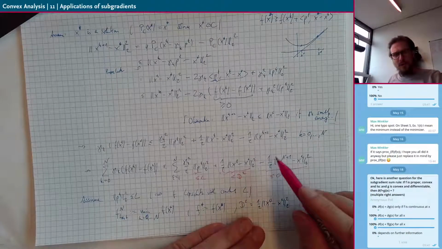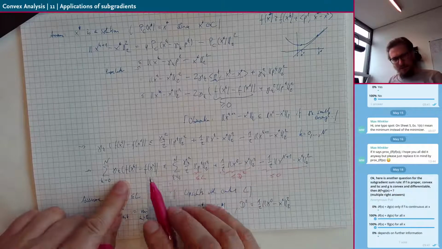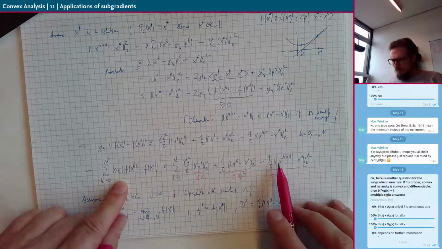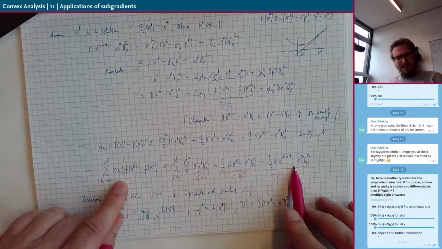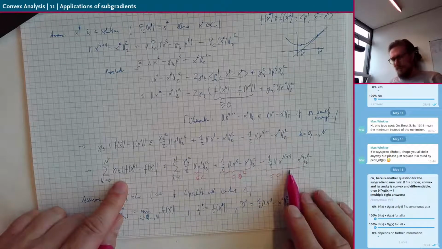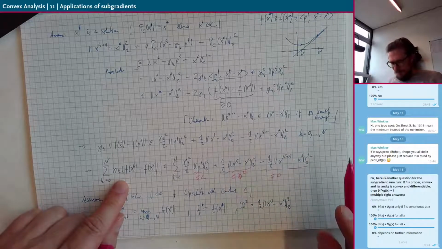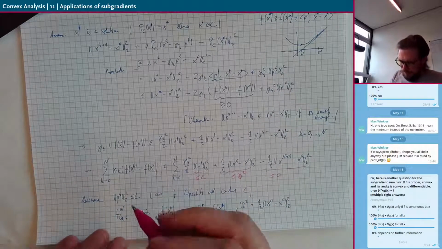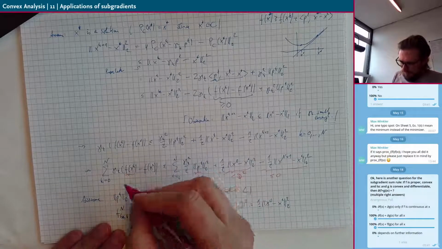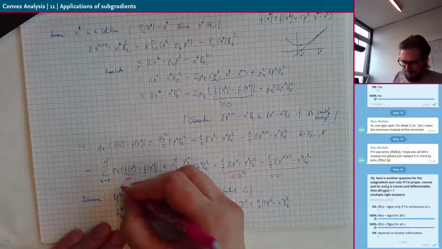We just throw it away. It's a negative term, which may be useful for showing that this guy is small, but we hope it's going to vanish for large n anyway, so the larger the n, the less it may help. And here, this is larger or equal than f best.